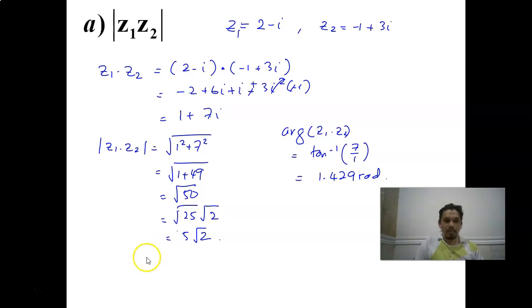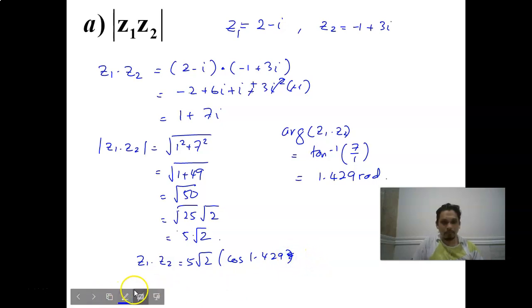So in polar form, z1 multiplied with z2 equals 5 square root of 2, cos 1.429 radian plus i sine 1.429 radian.